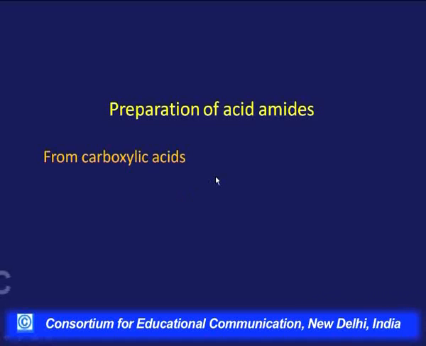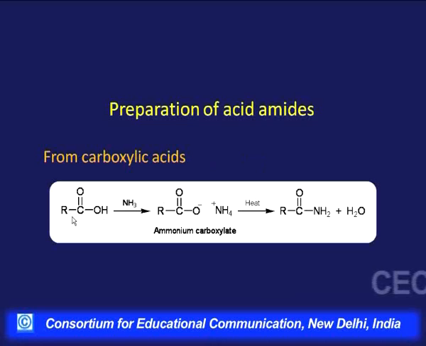Then preparation of acid amides. Acid amides can be obtained from carboxylic acids. As a first step, when these carboxylic acids are treated with ammonia gas, they form a salt called ammonium carboxylate, that is, ammonium salts of the acids are formed.